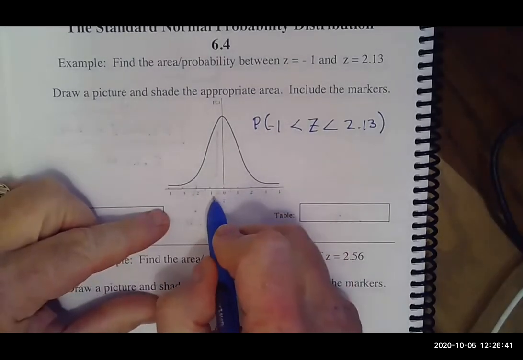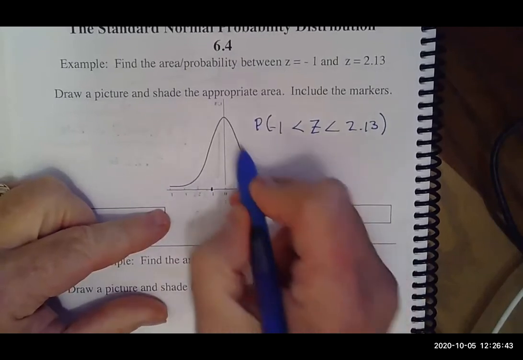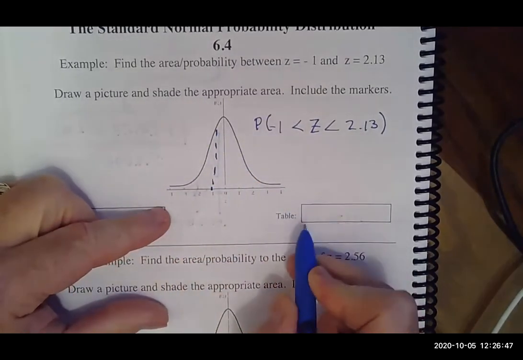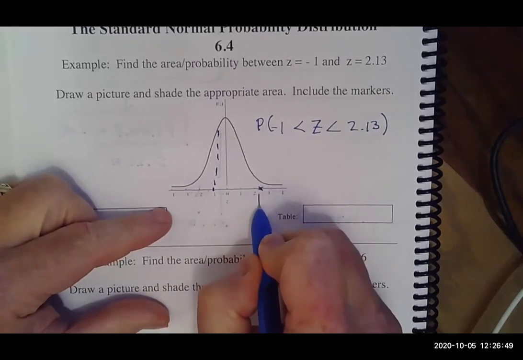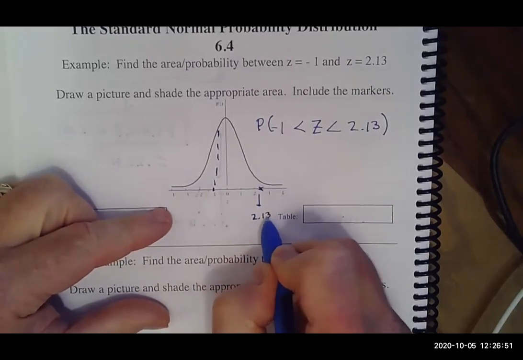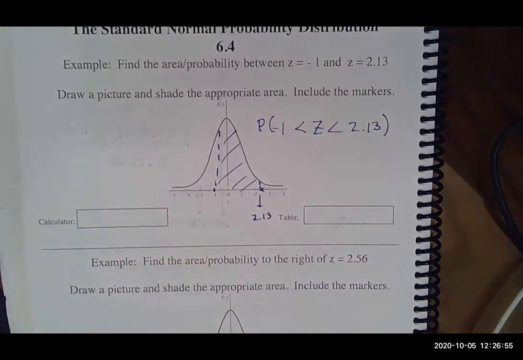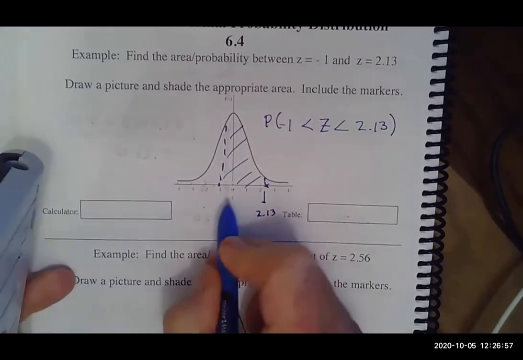So let's see, there's -1. Oh, right here. Okay, there's -1. And 2.13 right here. So this is -1 here.